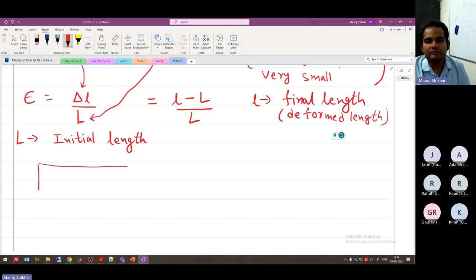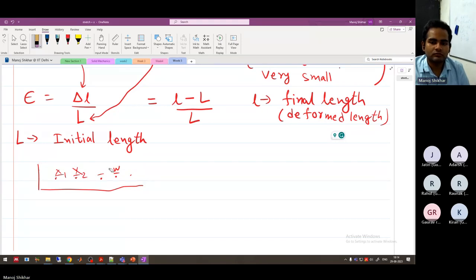Suppose a body is made up of many points; we can define strains at different points, with coordinates x, y, z, or x1, x2. So we can define a strain at a point.